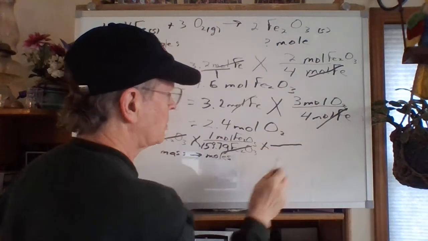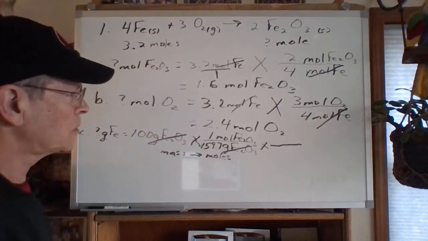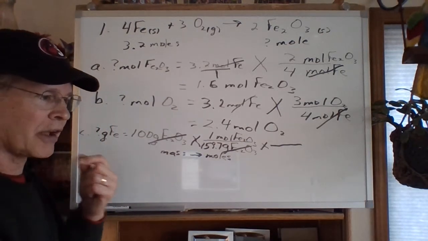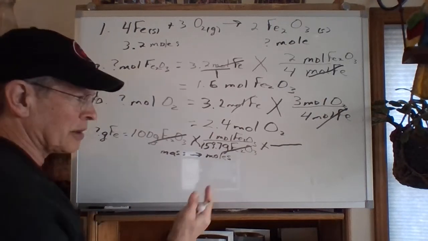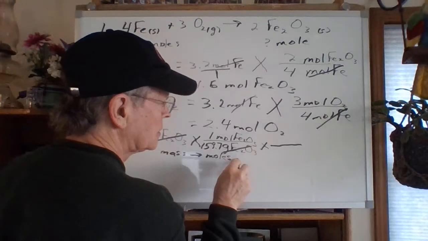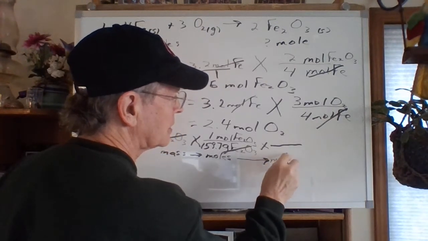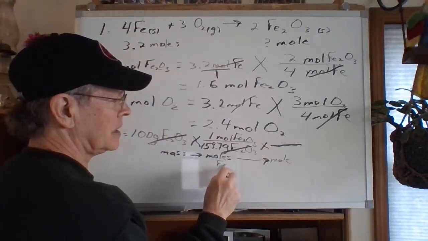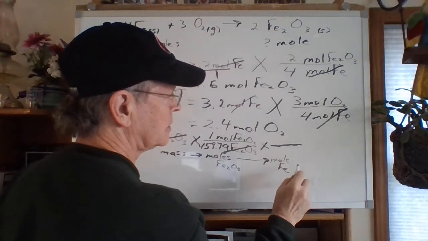Now we have the unit moles of iron oxide, but we want grams of iron. So we're going to go to moles of iron, and then we can change it back to grams of iron. So moles is converted to moles: moles of one substance, the iron oxide, is converted to moles of iron.